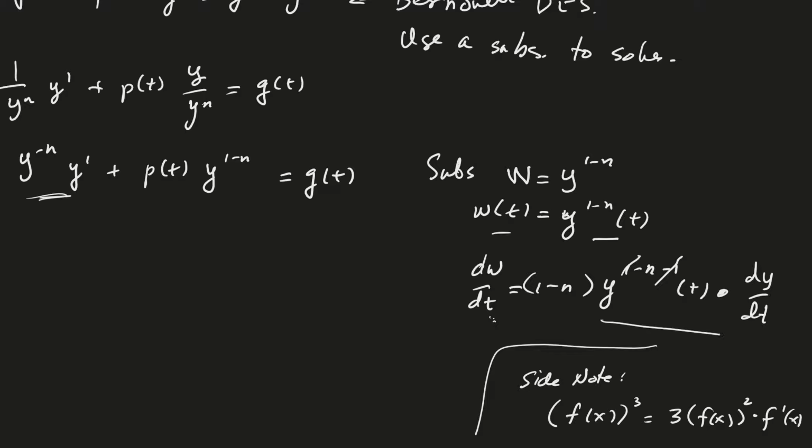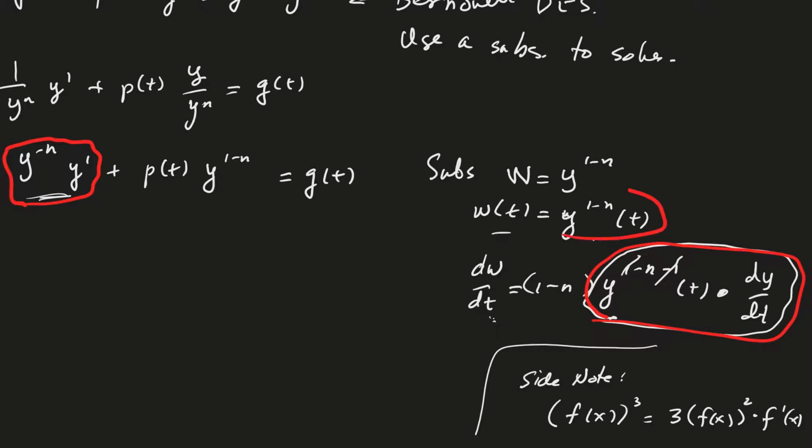And on this side then, what do we see we have here? I think you might see that we have, I'll put it in red here, this is the same thing as this. Okay, and this is the same thing as this.